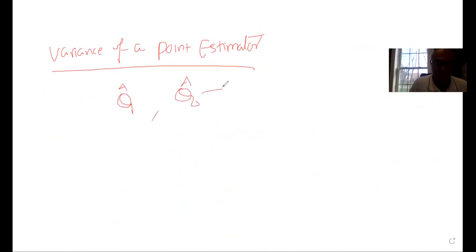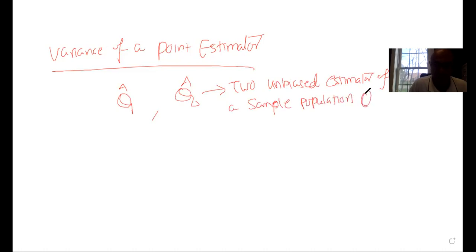These are two unbiased estimators of some sample population parameter script theta.